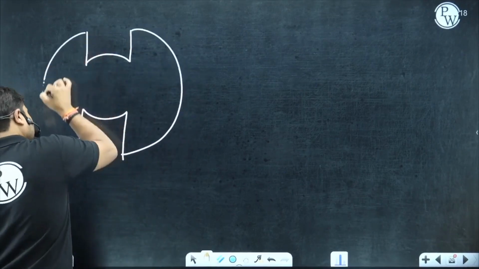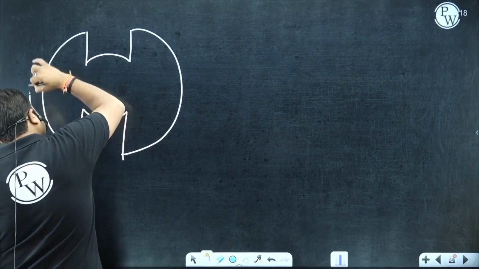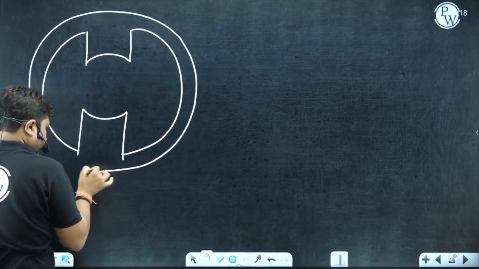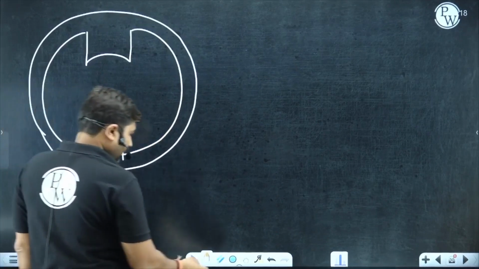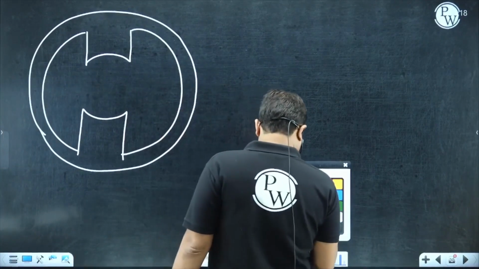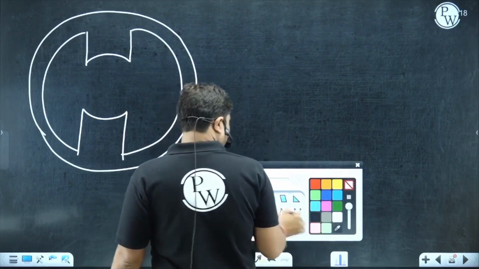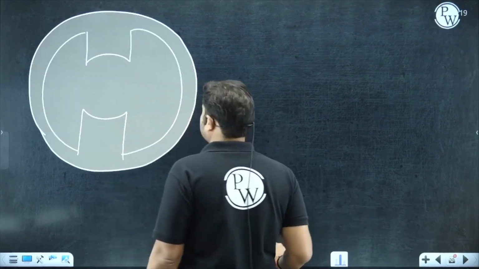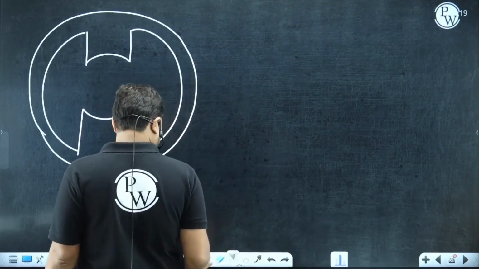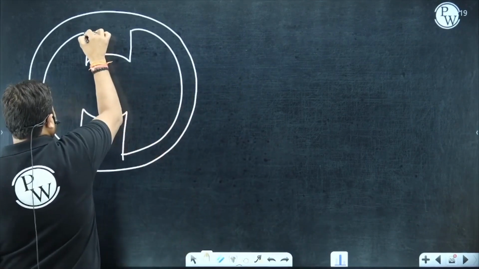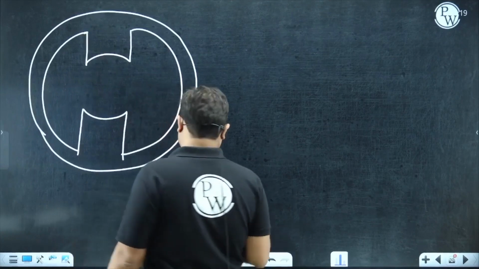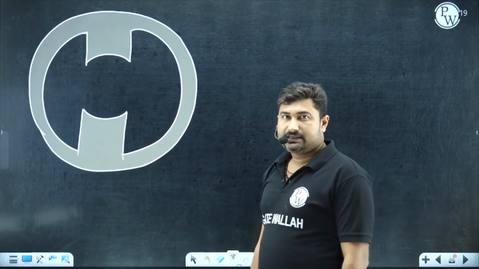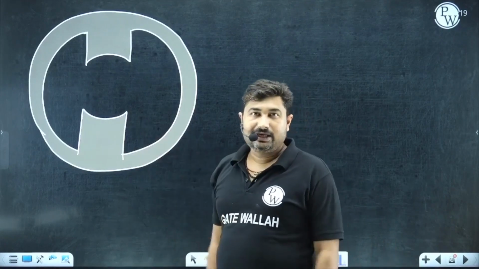Suppose we have an iron piece arranged in this way. The color is also like iron only.